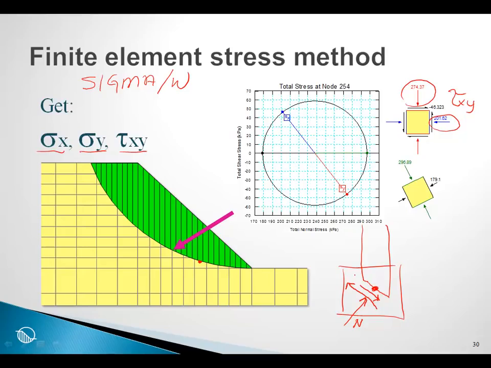We do this at the base of each slice, and then we add up all of the mobilized shear from crest to toe. Then we determine the shear strength at the base of each slice doing this method, and then we add it all up together, and that is the total available shear resistance. And dividing the shear resistance by the shear mobilized gives us a measure of the factor of safety.